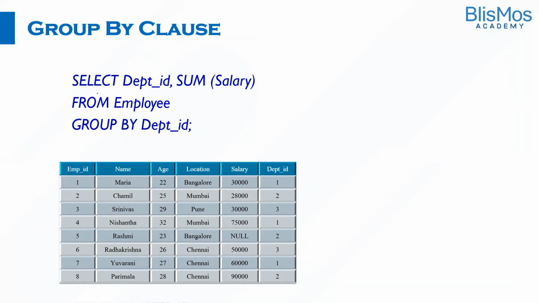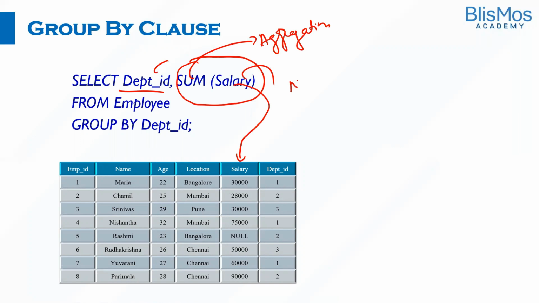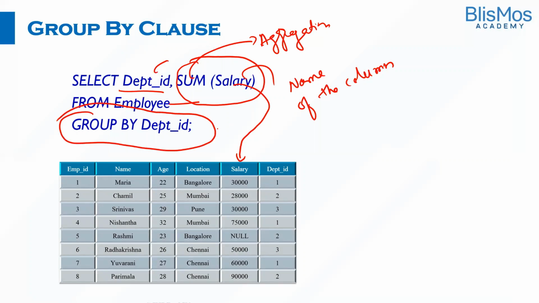Then you can say select the department ID. It is just a selection. Then sum of the salary, which is an aggregation function on the name of the column. Then specify the table name and the column on which you want to group by. I want to group by the department ID.